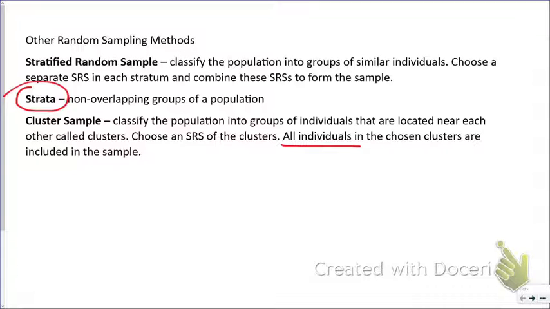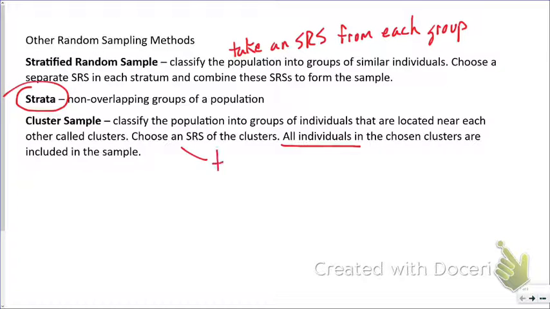So this top one, stratified, we take an SRS from each group, or strata, or cluster, whatever you want to call it. Cluster sampling, we take an SRS of the groups themselves.